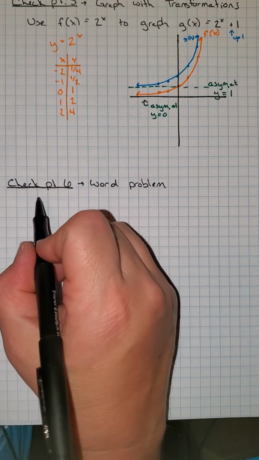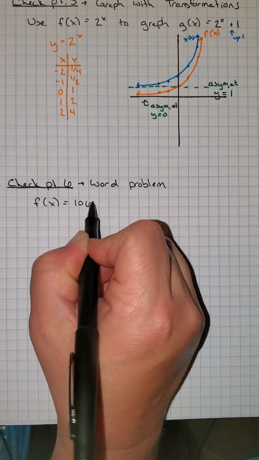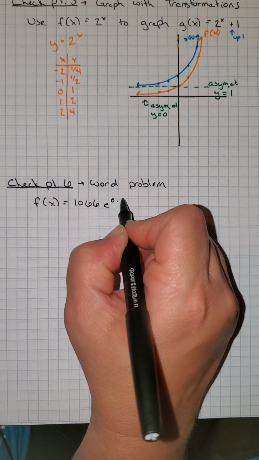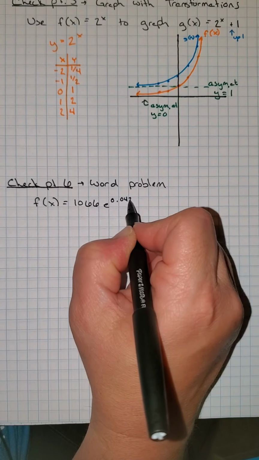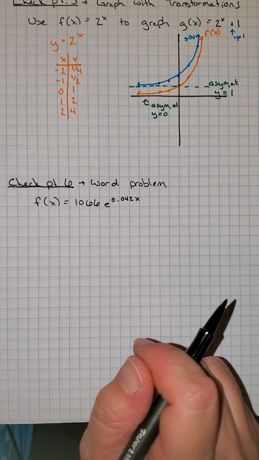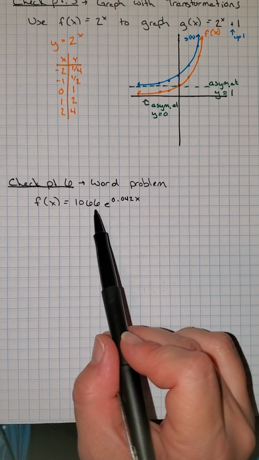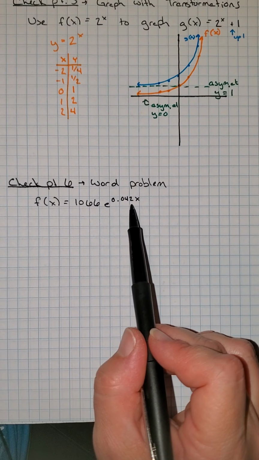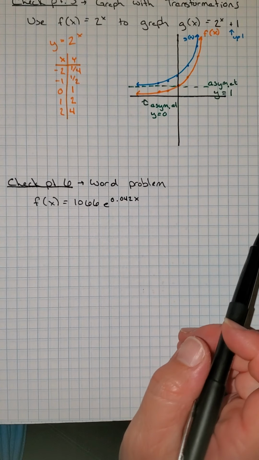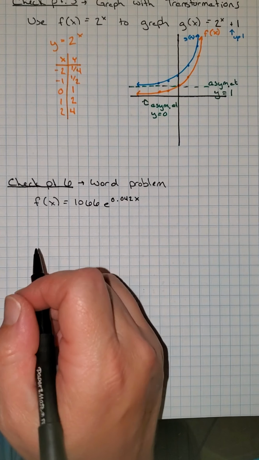Okay, so you're given an equation, f of x equals 1066 e to the 0.042x. All right, it says the exponential function f of x equals 1066 e to the 0.042x models the gray wolf population of the western Great Lakes, f of x, x years after 1978.